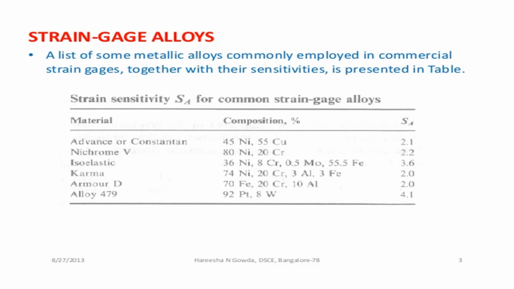So 92% platinum and 8% tungsten can be mixed to form Li 479 material.